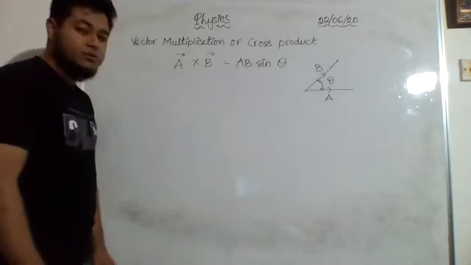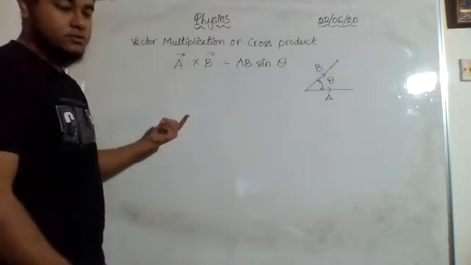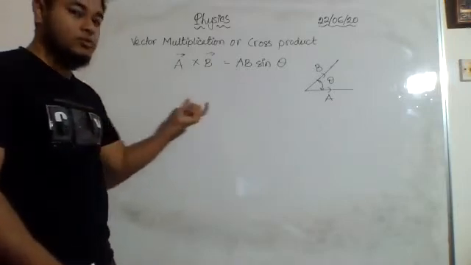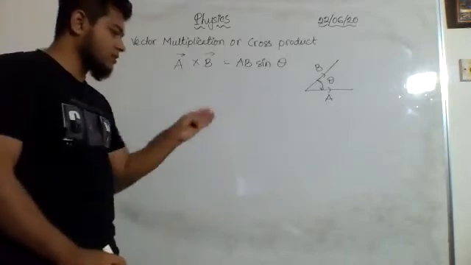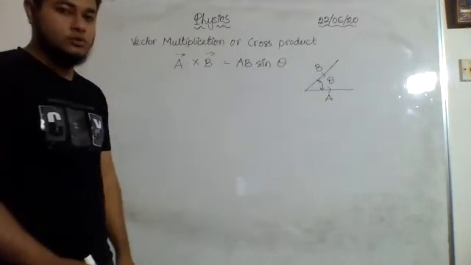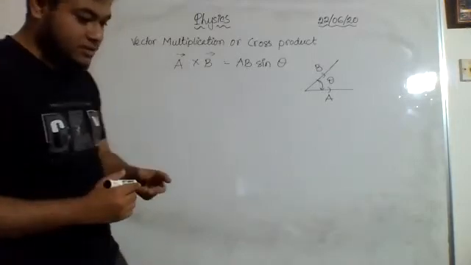Now, as you remember, we already developed a formula to find out the dot product of two vectors, right? Likewise, we will try to develop another formula to find out the cross product also. So let us see how to do that.